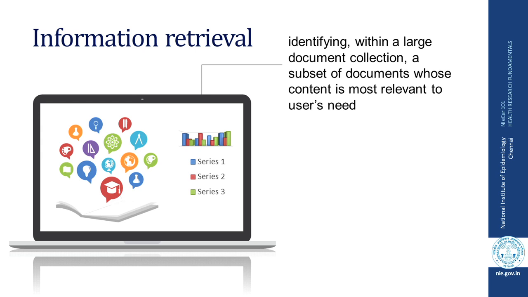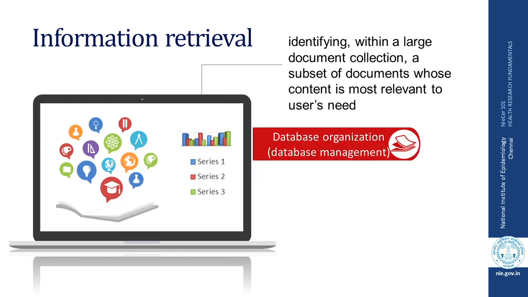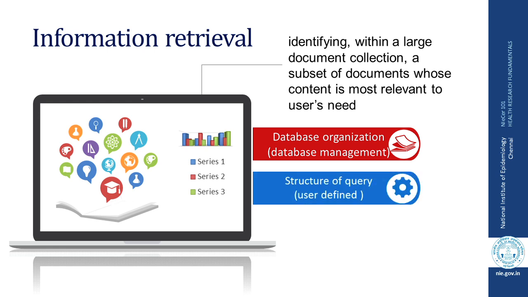That happens from a big database, a huge database where all these articles are archived, collected, or stored, and from that the user, by means of a set of queries, seeks information from this database.